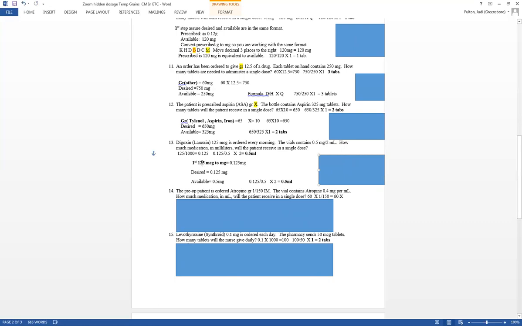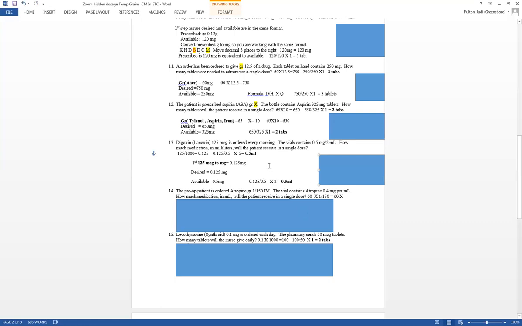That's 1, 2, and 3. That's going to give me 0.125 milligrams. My desired now is 0.125 milligrams. My available is 0.5 milligrams. So now 0.125 divided by 0.5. My volume, or my quantity, is 2. So times 2 equals 0.5 milliliters.